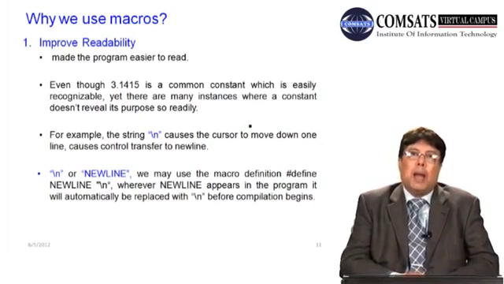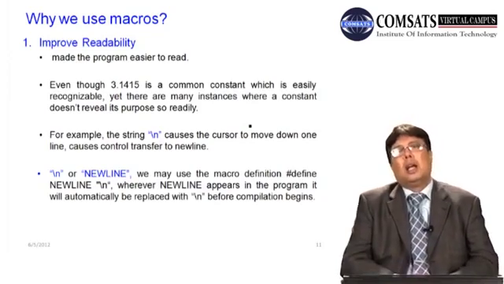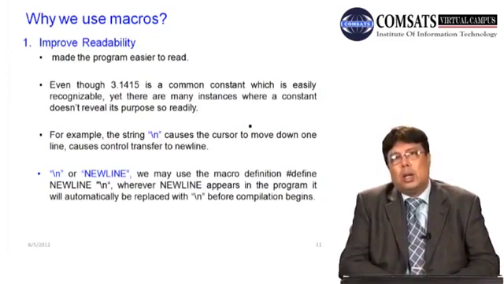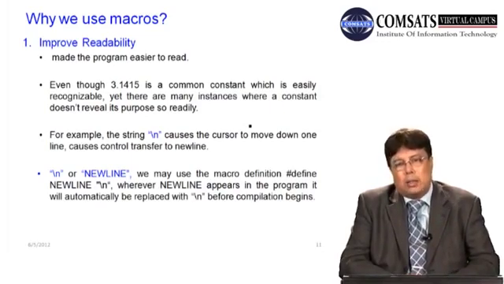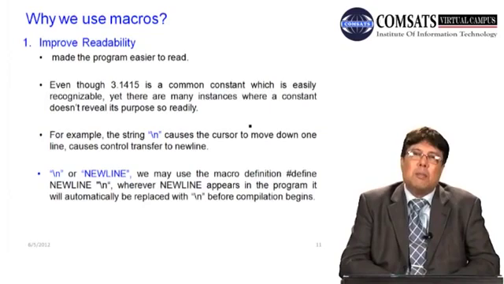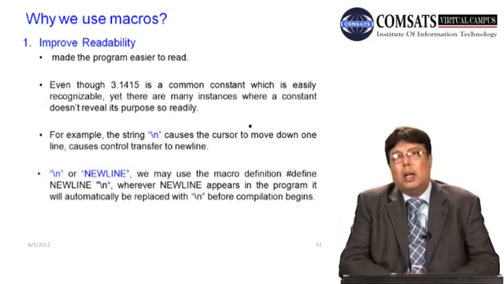Another example could be \n. We have used it many times. You must know that \n is used within double quotes to provide a new line, or to take the cursor to the start of the next line. Instead of using this \n, we can define it with a macro: we will define NEWLINE, and its translation will be \n.